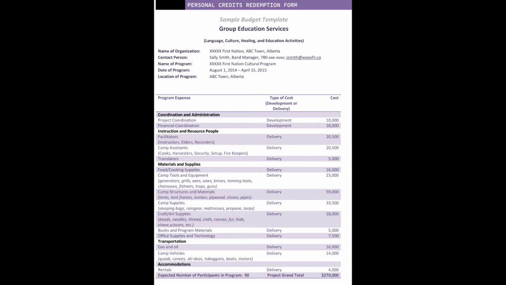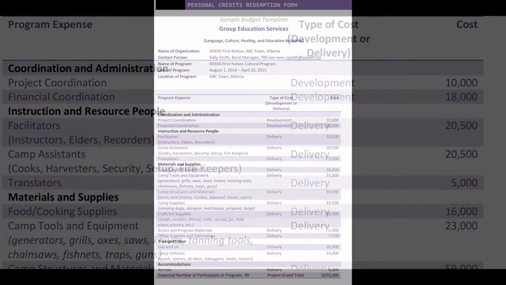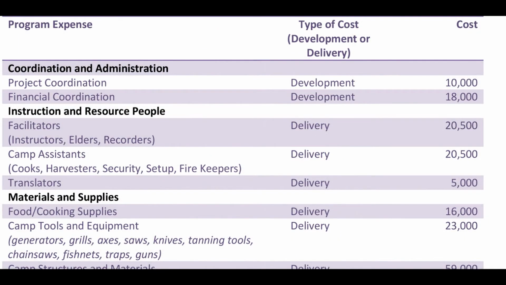So we put together a section called Coordination and Administration. We know that there is a huge administrative burden with this process. And we understand that many First Nations and organizations are charging admin fees. And that is perfectly acceptable.